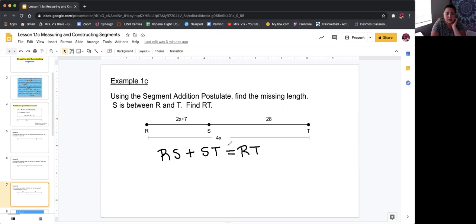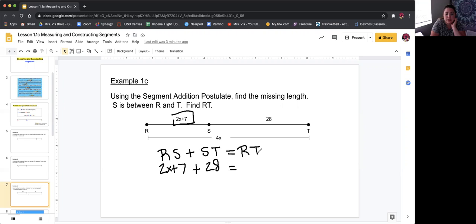Now let's substitute our values. RS is this expression, 2x plus 7. I'm going to write that down. Our segment ST is 28.